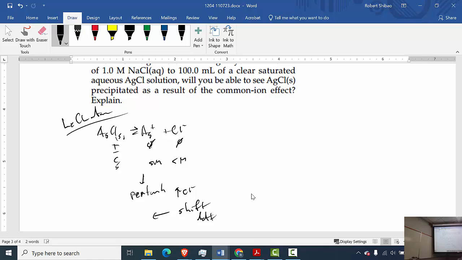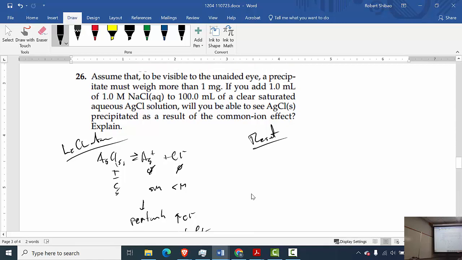This is Le Chatelier's. But what I like to do is I just like to reset. And so for common ion problems, or for problems where we perturb by Le Chatelier's perturbation, I just prefer to reset, like we did that one problem a while back. And so when I reset this, then I go S and S, I shift all this S backwards.